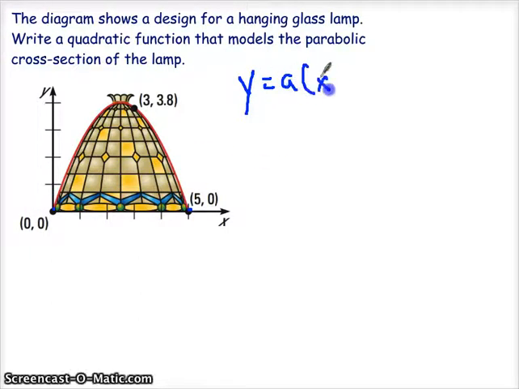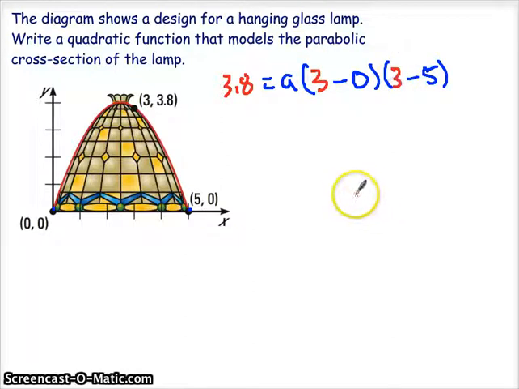So let's go ahead and write that out. X minus p, x minus q. But because we also know that our intercepts are 0 and 5, let's go ahead and take out p and q, and we'll plug in 0 and 5. At that same time, we know a random point, so we can take out our y coordinates and our x coordinates, and we can plug in 3.8 for y when x was 3.